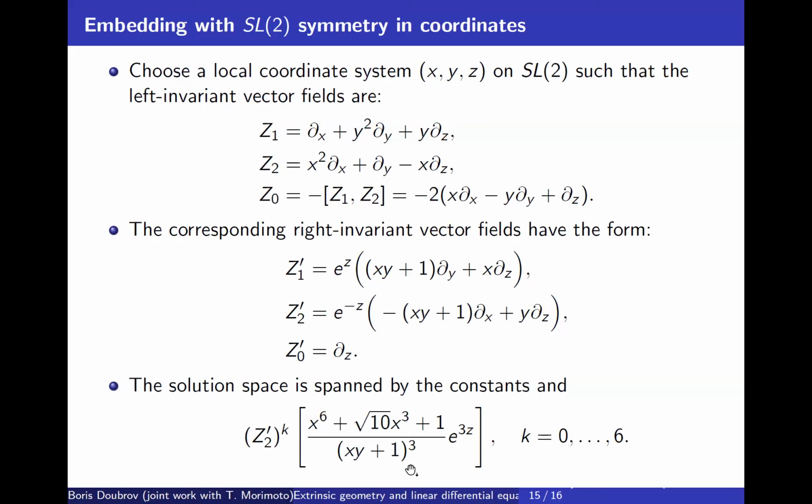So you choose this solution and then start differentiating it along Z2 prime, and after differentiating 7 times, you get 0. So it actually is kind of harmonic theory in SL2. You find the explicit form of the solution space for such a system.